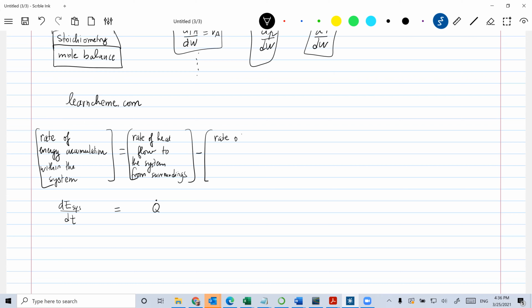Then you have the rate of work done by the system on the surroundings.